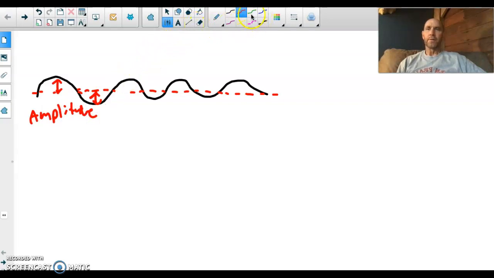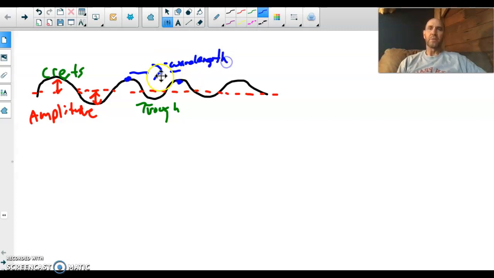These top parts are called crests, and the bottom parts are called troughs. T-R-O-U-G-H. Okay? Crests and troughs. From one crest to the next crest is how we measure the length of a wave, and that symbol is lambda. That's wavelength.